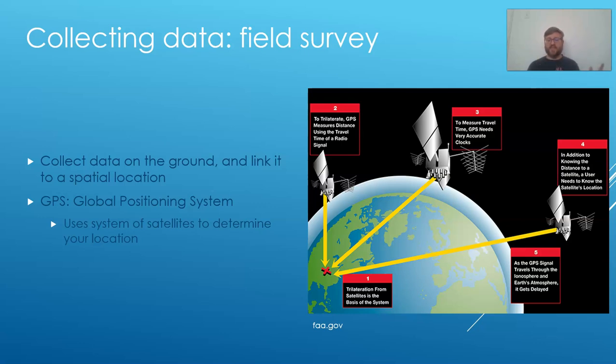Once you get signals from several different satellites, so a minimum of 3 that's necessary to calculate a location in 3 dimensions, but the more satellites that you can calculate your distance from, the better, because you can average out errors and so forth. You use those distances from those satellites and our knowledge of the orbital patterns of those satellites, right? Exactly where above the Earth each satellite is at any given moment, to calculate where you are on the surface of the Earth.